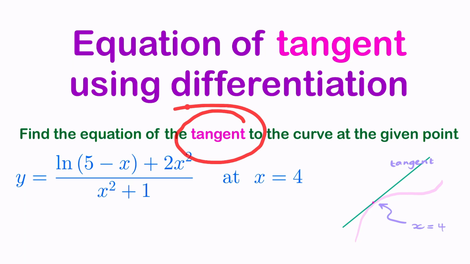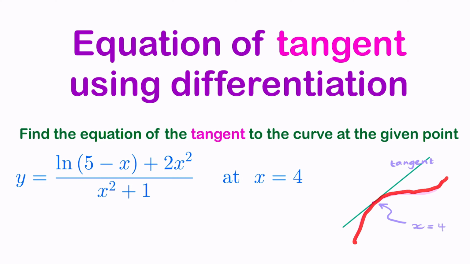If we're trying to find the equation for the tangent to a curve at a given point, we're going to need three things. We're going to need the coordinates of the point, that means x and y, and we're going to need the gradient of the tangent.